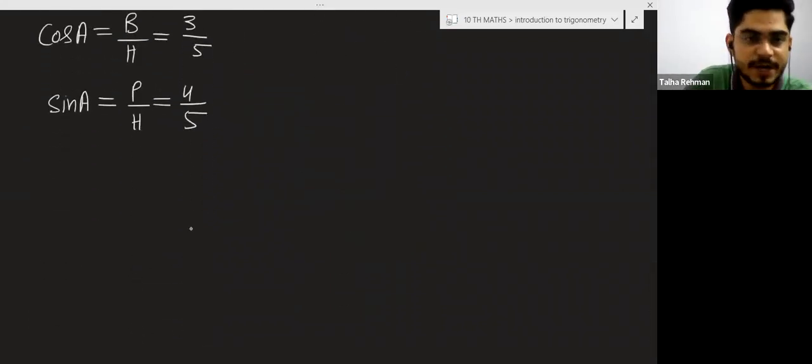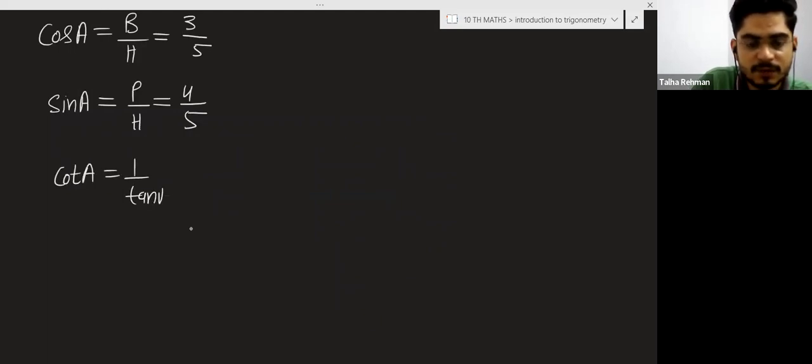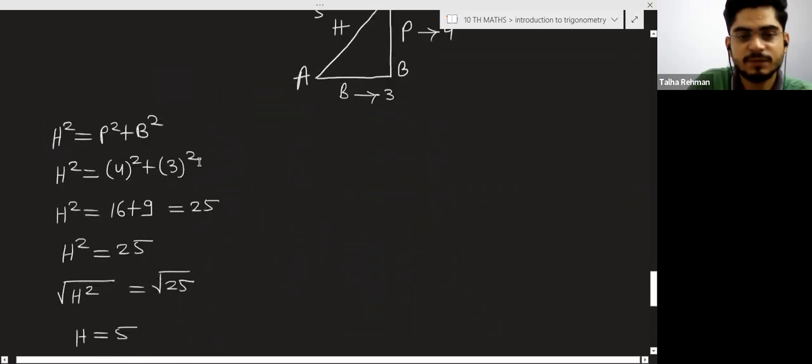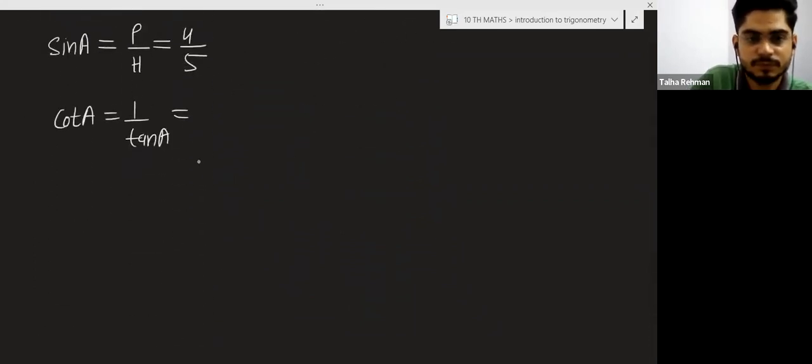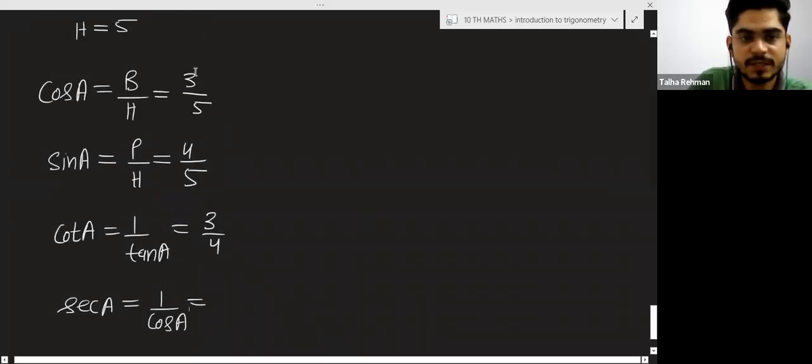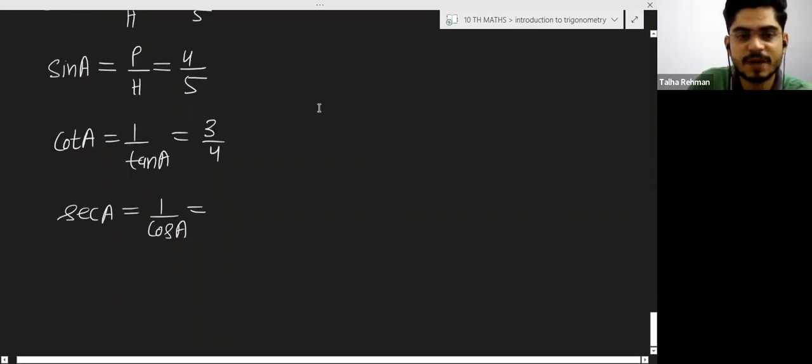Suppose you want to find cot A, then you will write 1 upon tan A. And tan A is this, you will write 3 by 4. For sec A, you will write 1 upon cos A. Cos A is 3 by 5, 1 upon cos A is 5 by 3.